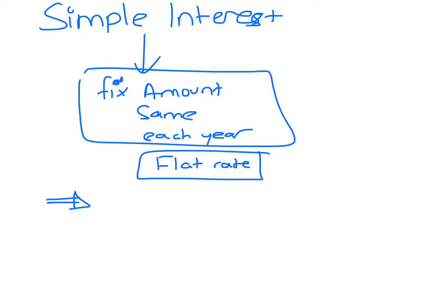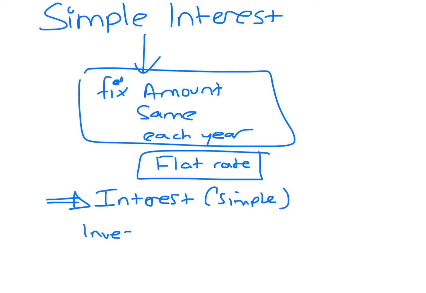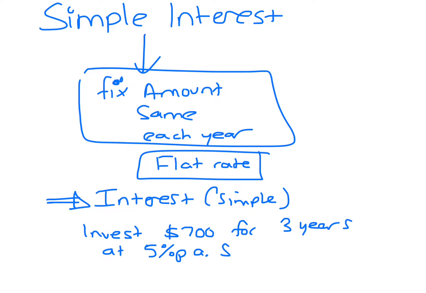Okay, so we're going to look at a couple of different skills. The first one is just actually finding the interest that you make, and the interest that you make is called simple interest. So let's just say you invest $700 for 3 years at 5% per annum, simple interest.